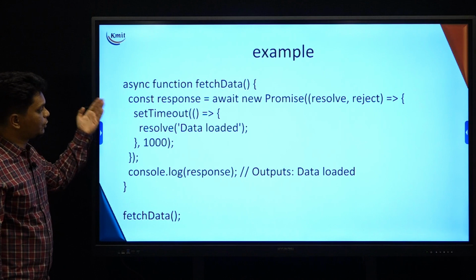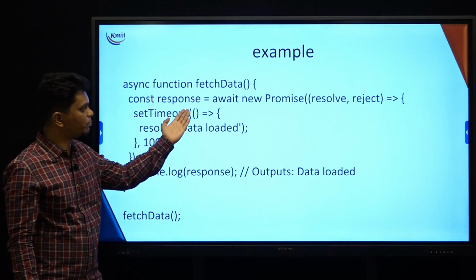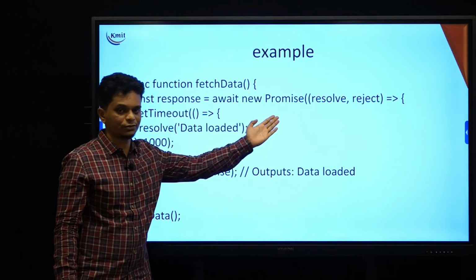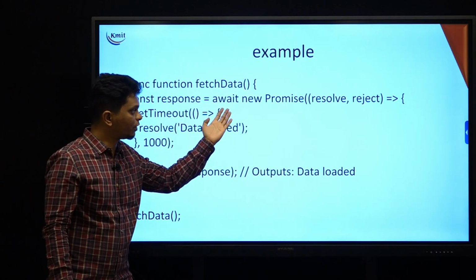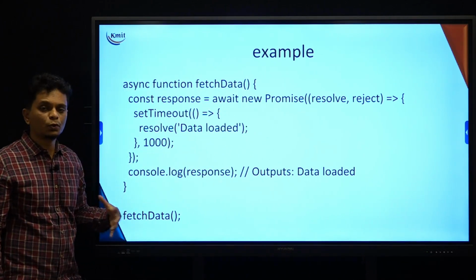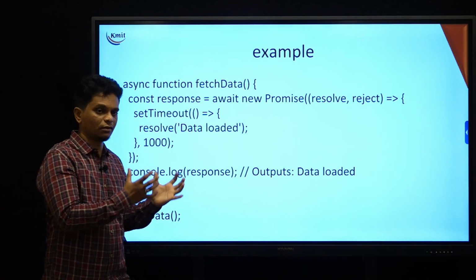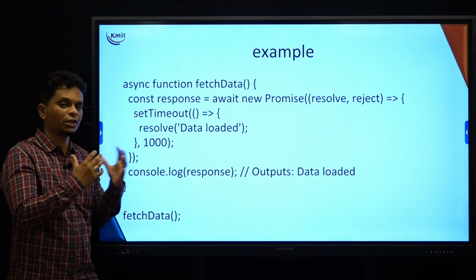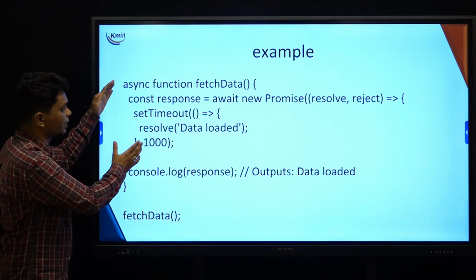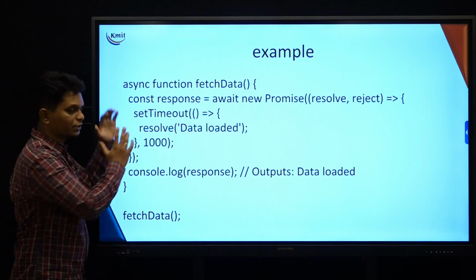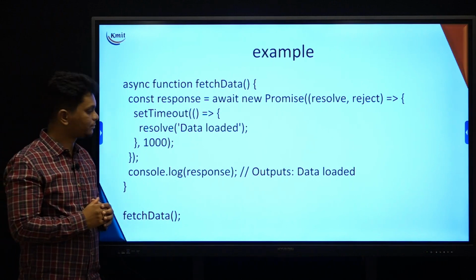Within the async function, we have an object response, and we are assigning await new Promise to it. We have used await because this operation could get delayed and we are uncertain of what time it might get executed, or how much time it might take. So for this scenario, we are using async and await. And meanwhile, you can make JavaScript work on other operations.